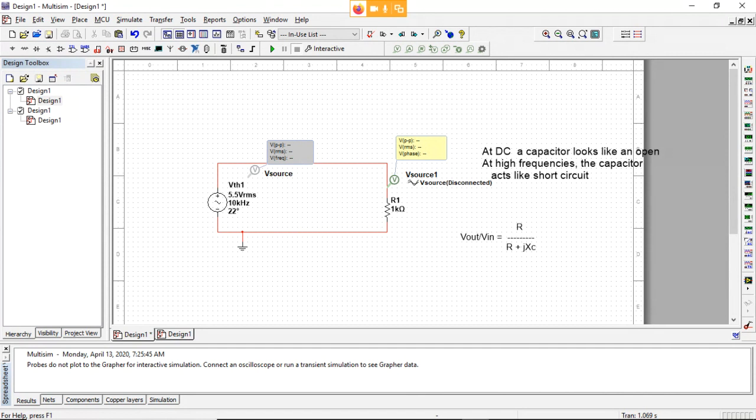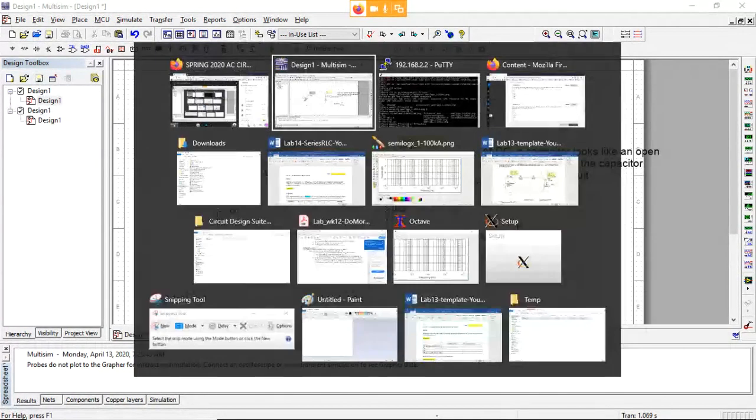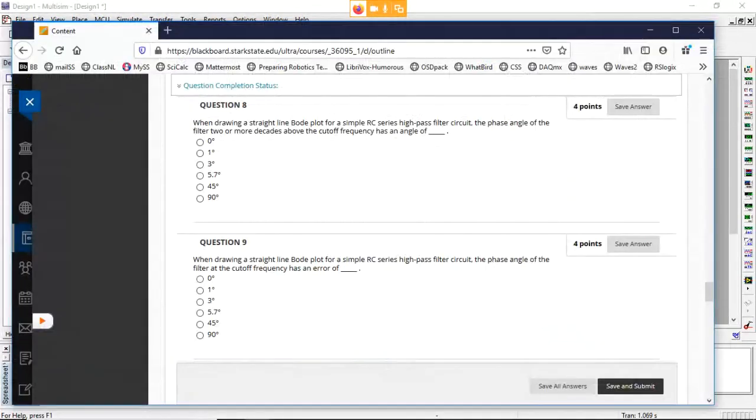Okay. And so if we go back then to our question, for a high pass filter, and that's the filter I passed because we're passing high frequencies, the phase angle is 0.